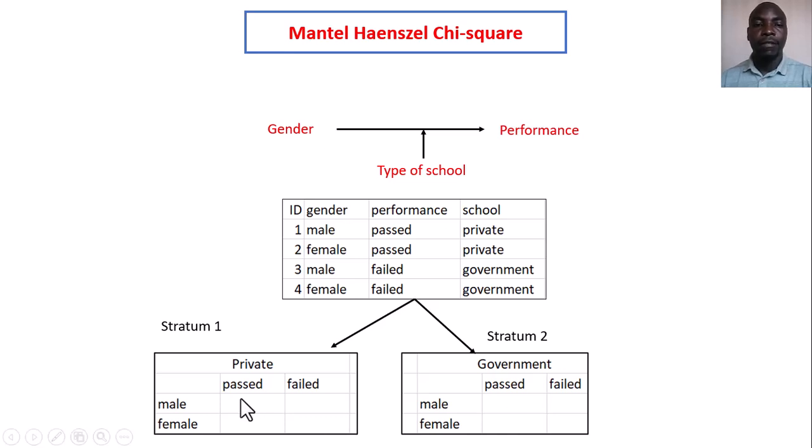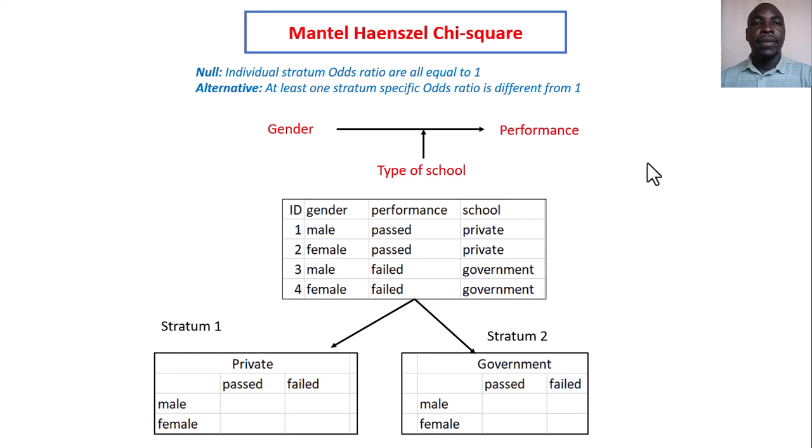We shall have strata of private and government. Then we assess the relationship between gender and performance among those students in private schools, and we also assess the relationship between gender and performance among the students in government schools.